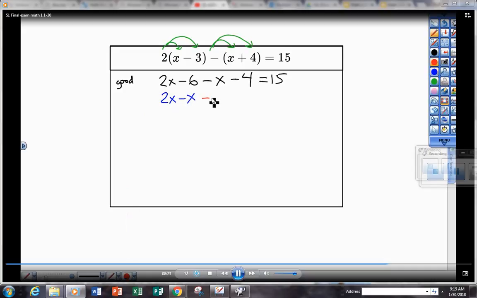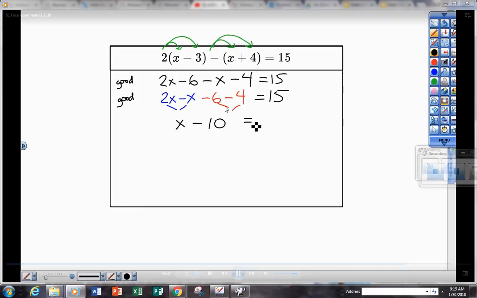Minus 6 minus 4, I'm grouping my like terms, my x terms, my plain numbers, equals 15. And again, that is good. You could do that. Next, combine like terms. 2x minus x gives me just plain old x. Negative 6 minus 4 gives me negative 10. Know your negative rules. x minus 10 equals 15.